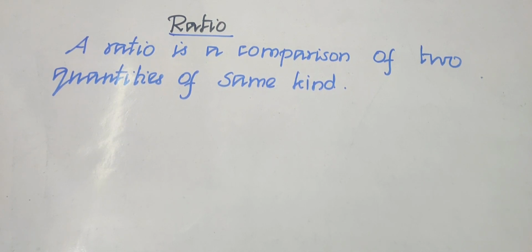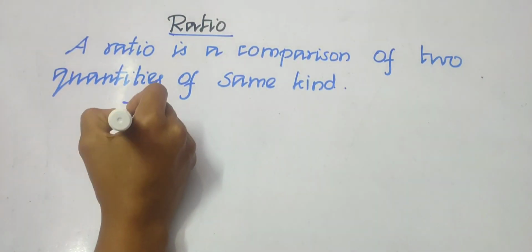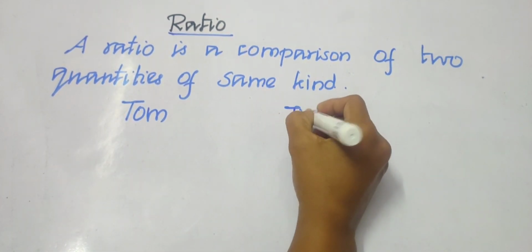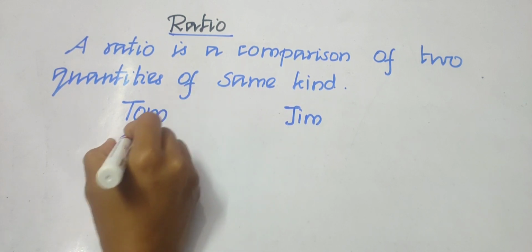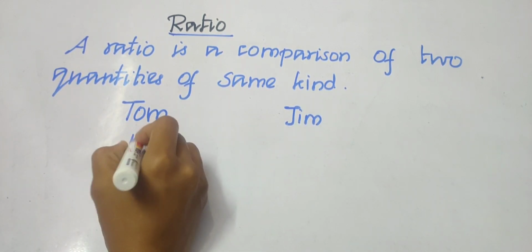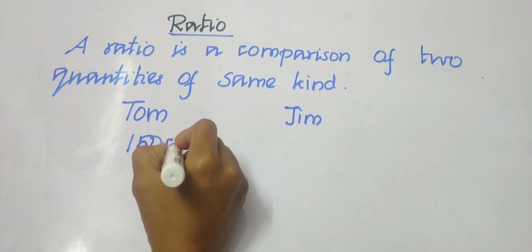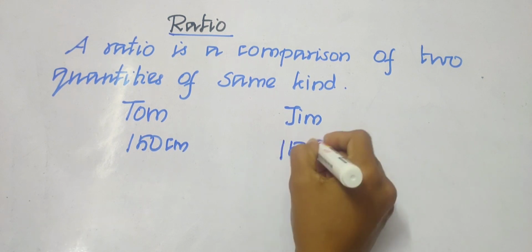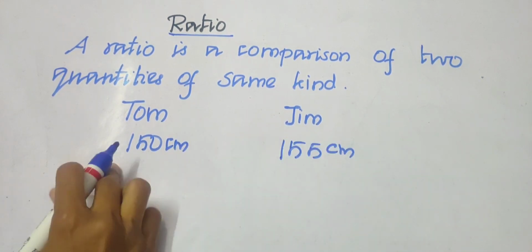So how will you say? If you are comparing your height and your friend's height, simply we can say we are comparing Tom's height and Jim's height. The height of Tom is 150 centimeters, and the height of Jim is 155 centimeters.